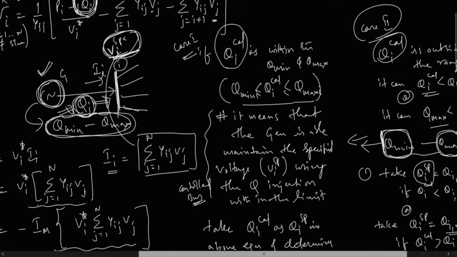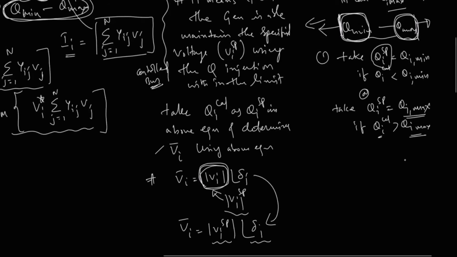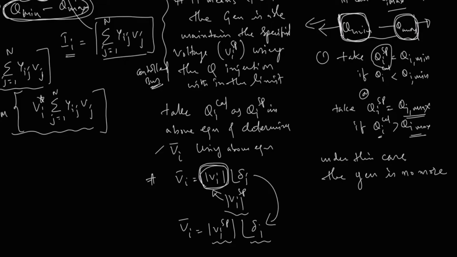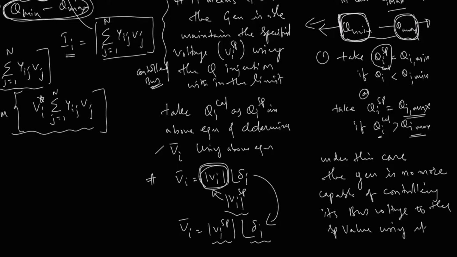Right? Now the case is, what I can say is, under this case the generator is no more capable of controlling its bus voltage to the specified value using its reactive power range or limits.